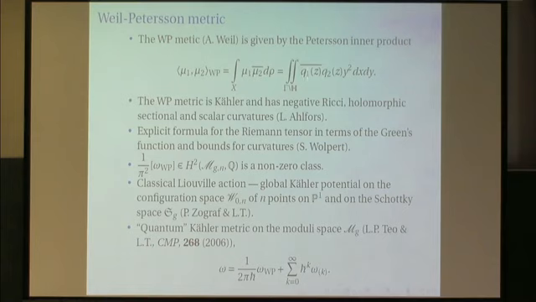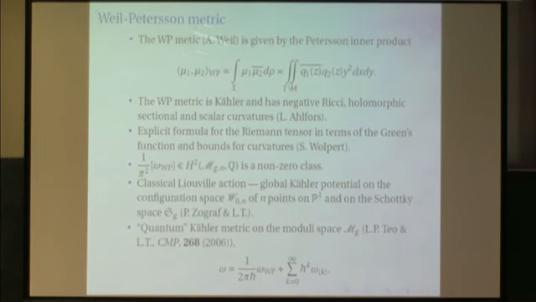Then the basic, fundamental facts about the Weil-Petersson metric are the following. It is Kähler and has negative Ricci, holomorphic sectional, and scalar curvature. The fact that the metric is Kähler was proved by Weil. He has no paper written on it, but there is some report.